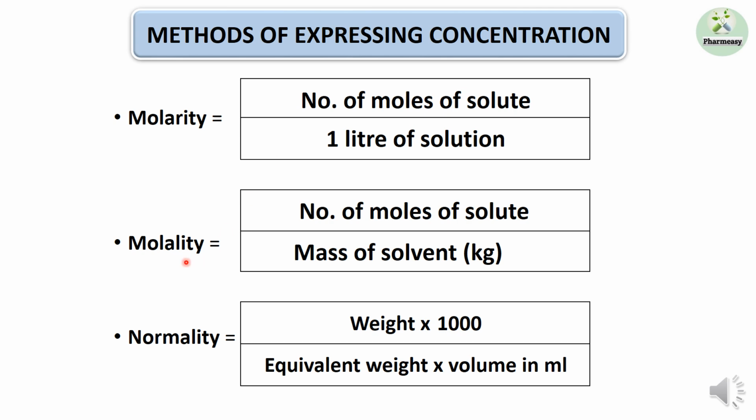Molality is defined as the total number of moles of solute in 1 kilogram of mass of solvent. It is denoted as small m and its unit is moles per kilogram. And normality is the number of gram equivalents per liter of solution. It is represented as capital N and its unit is equivalent weight per liter.